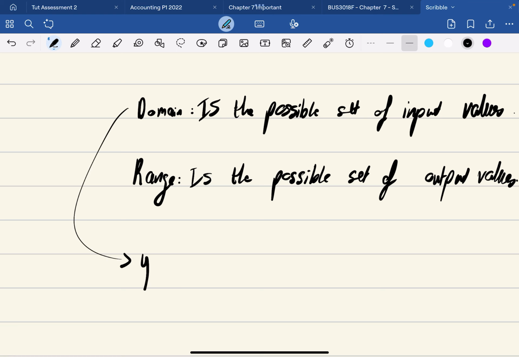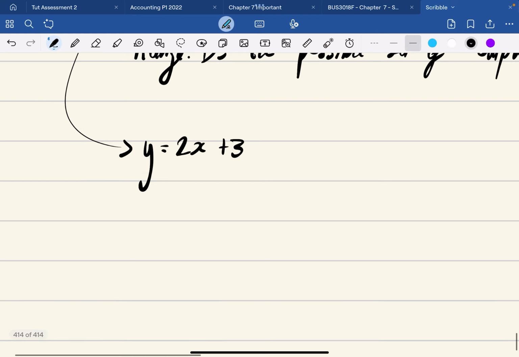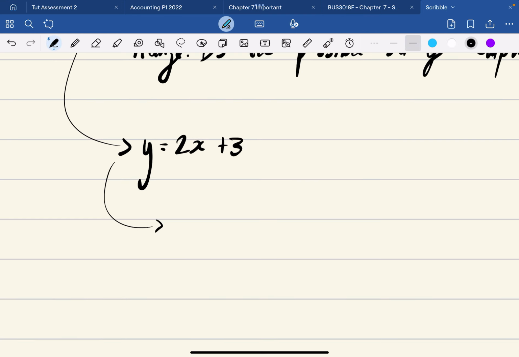So if we have a function y is equal to 2x plus 3, what is our input? We are inputting x into our function to get y. So maybe it's easier if I illustrate, instead of y is equal to 2x plus 3, if I go f(x) is equal to 2x plus 3. x is our input.